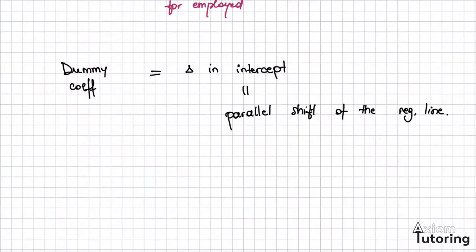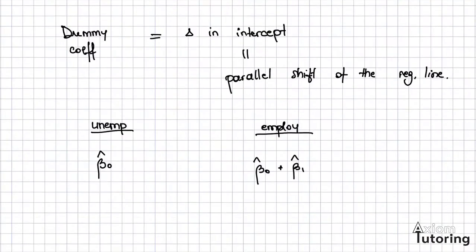Now, for the unemployed case, the intercept was simply beta 0 hat. For the employed case, it was beta 0 hat plus beta 1 hat. So what does that mean? That beta 1 by itself is the difference between the two, because you're moving from beta 0 to beta 0 plus beta 1.